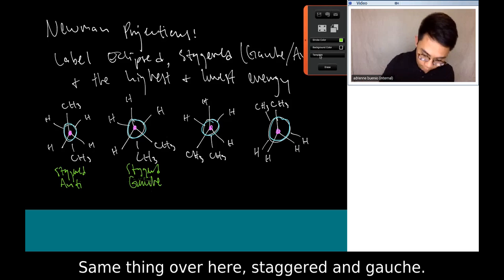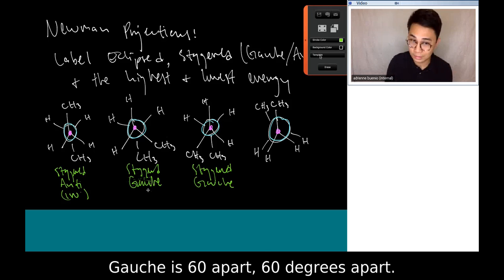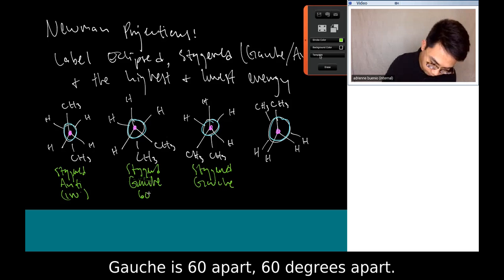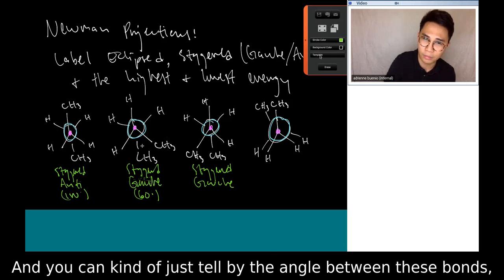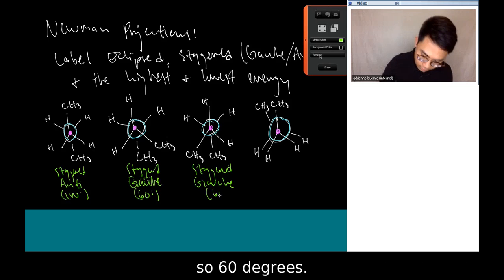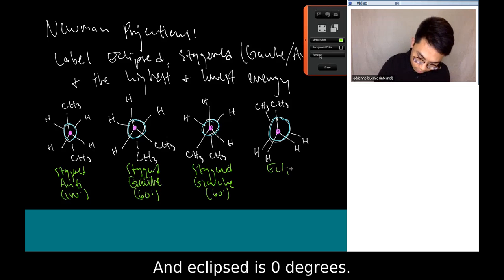Gauche. Staggered gauche. Same thing over here. Staggered and gauche. So we said anti was 180 apart. Gauche is 60 degrees apart, and you can kind of see these are 60 degrees, and you can just tell by the angle between these bonds, right? So 60 degrees. And this one's eclipsed. An eclipse is 0 degrees.